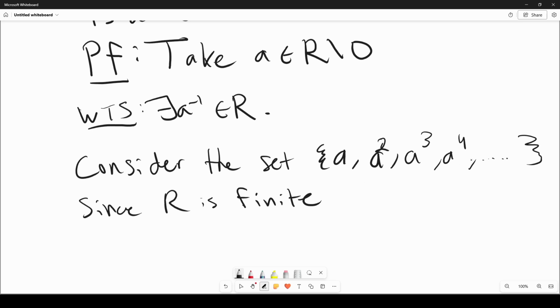The list goes on forever, but the ring is finite. So there's not infinite elements in this list. So eventually it has to loop back.